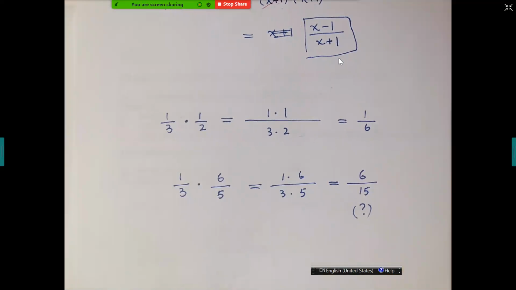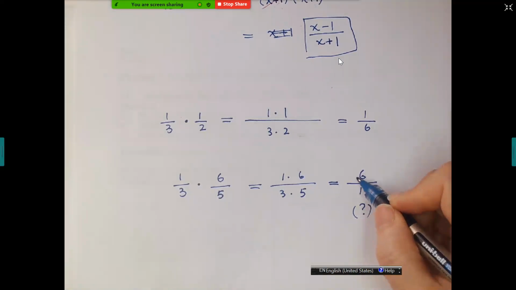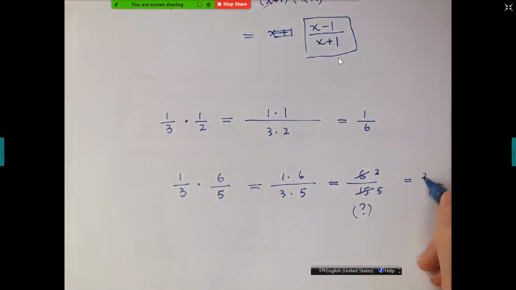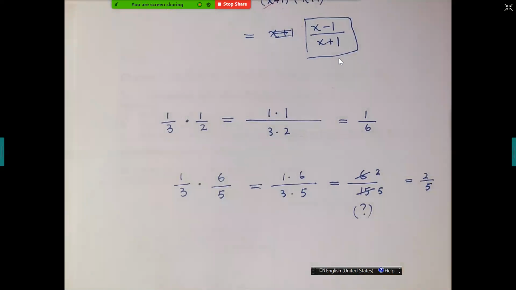The answer is no. For any fraction number, we have to simplify or reduce the number as much as possible. 6/15 is not a simplified number. Both of them have a factor of 3. Dividing this by 3, we got 2. Dividing this number by 3, we got 5.